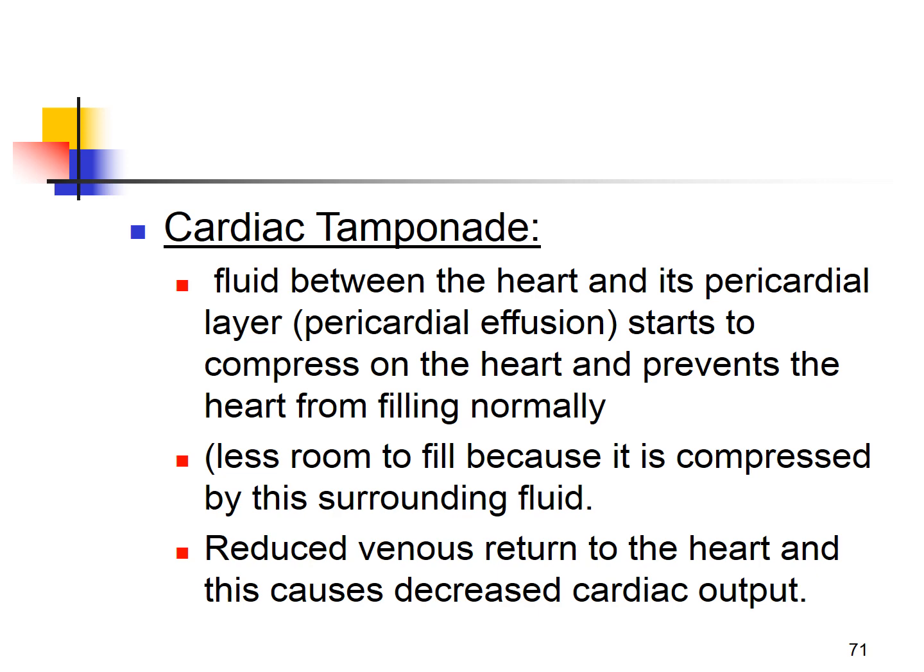Cardiac tamponade. Here, the fluid between the heart and the pericardial layer starts to compress on the heart and prevent the heart from filling normally. So there is less room to fill because it is compressed, right? Therefore reducing the venous return to the heart, and that causes decreased cardiac output. Next slide.